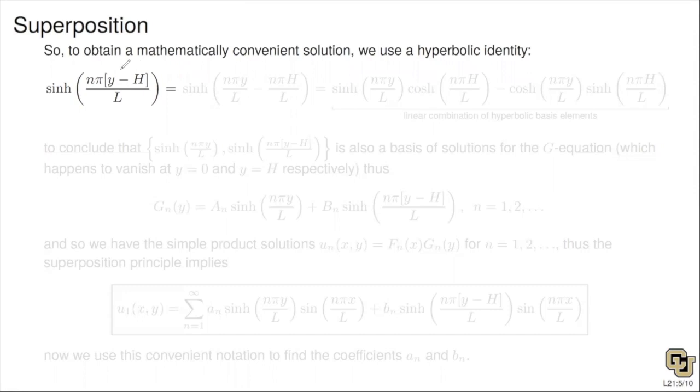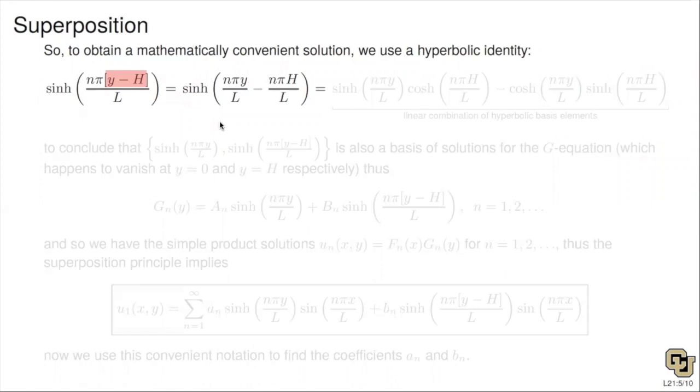Here, what you should really see is a difference. The n pi y over L will distribute to each term. Okay, so the n pi y over L, that's common to both terms. So at the heart of this here, you have a difference. This is sinh of n pi y over L minus n pi h over L.